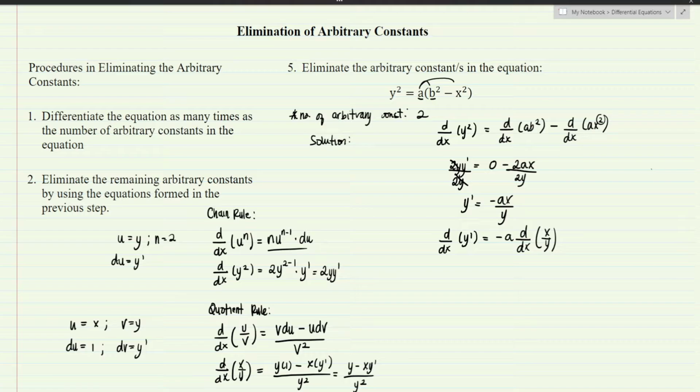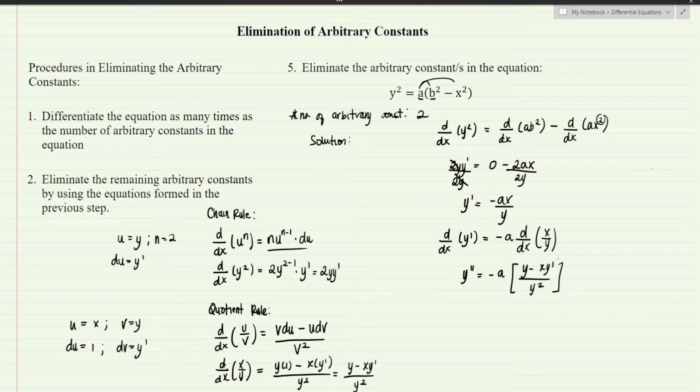So I can now plug in this onto the second derivative of our equation. First, we will have to get the derivative of the left side. Derivative of y prime is just y double prime. Now for the derivative of x over y, that is what we've solved here, is y minus xy prime over y squared.